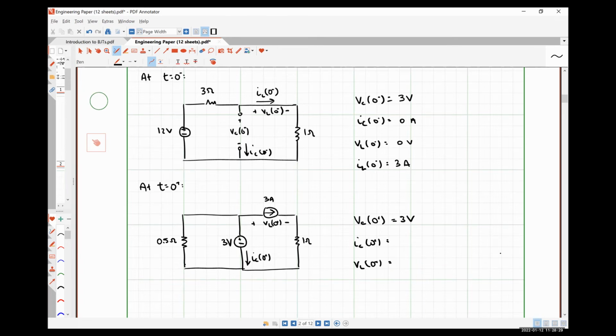And IL at 0 plus, we do know. All right, so how can we determine either of these two unknown quantities?